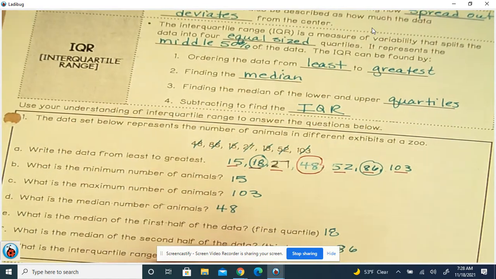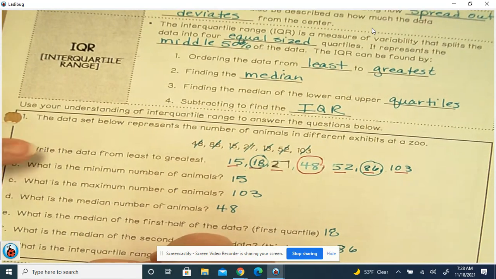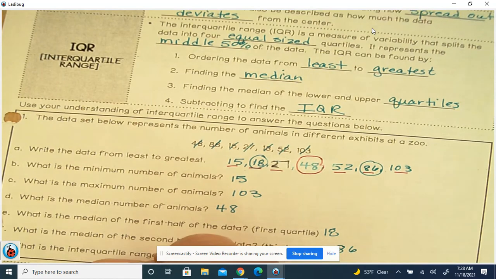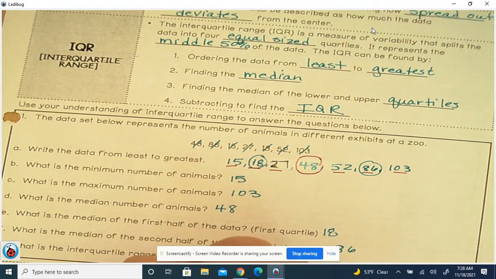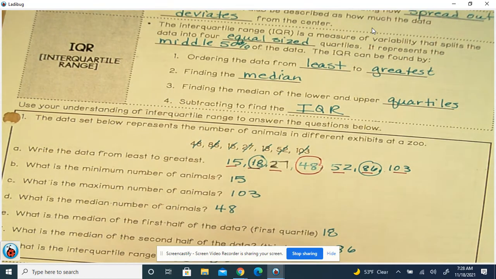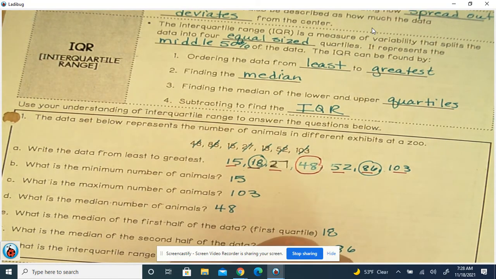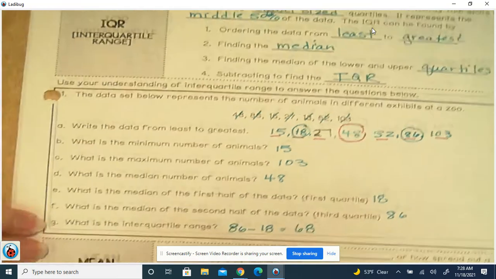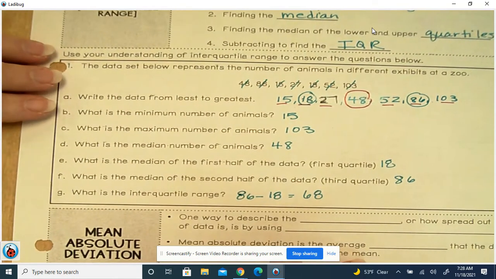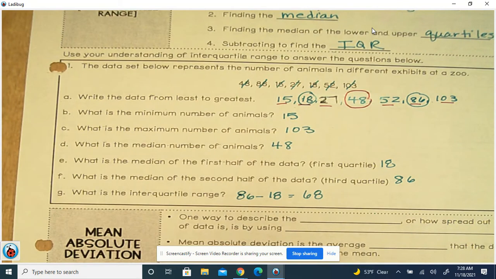And then your interquartile range is going to be 86 minus 18, and that equals 68. So it's real simple in how to do that. But you do have to put them in order from least to greatest.